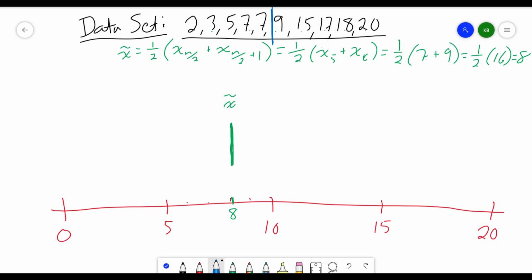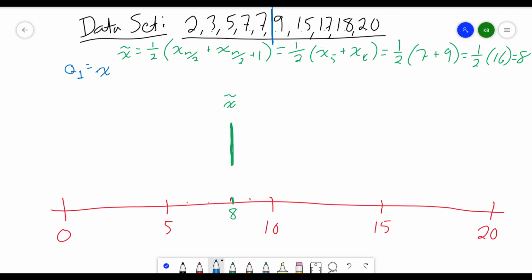And what you end up needing then is what's called your first quartile. So Q sub 1 is the median of the first half of your data. So I look at my data and I have an odd number of entries there now. I have 5. So my median is going to be my x sub 3, and it's going to be my x sub n plus 1 over 2.